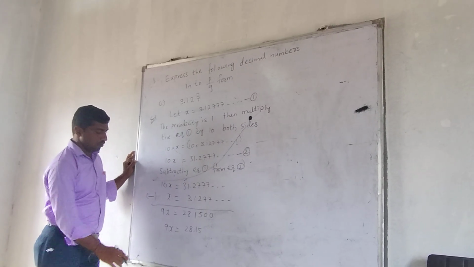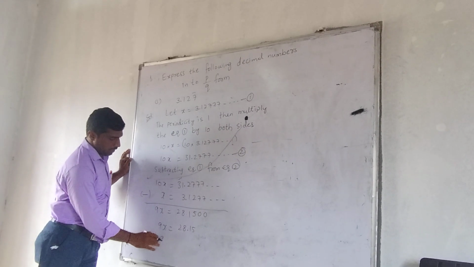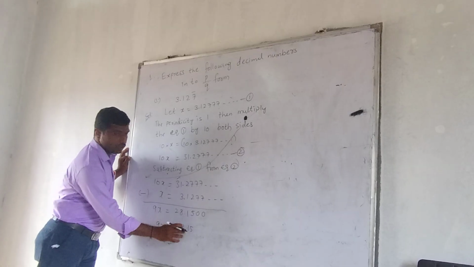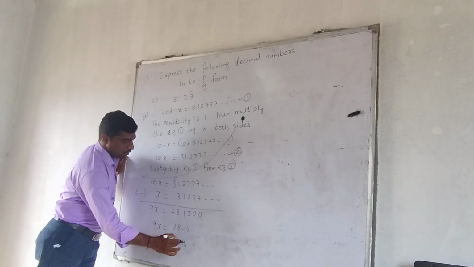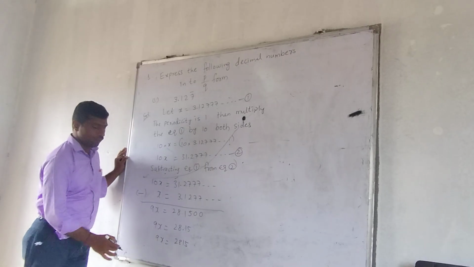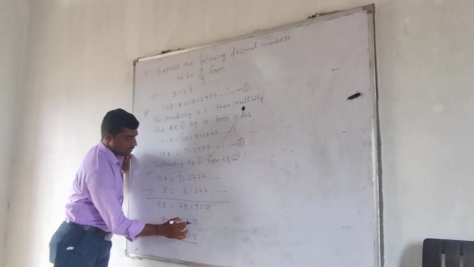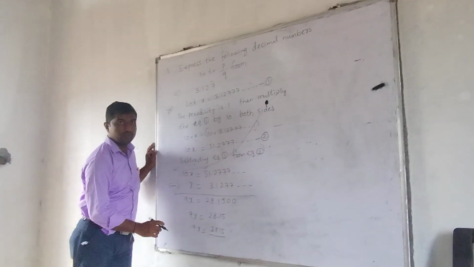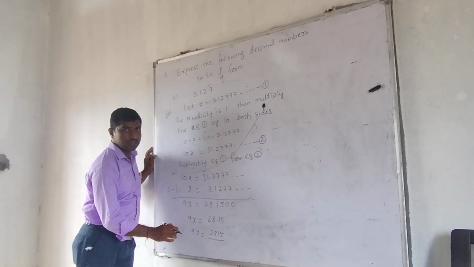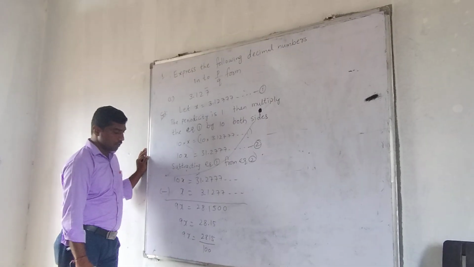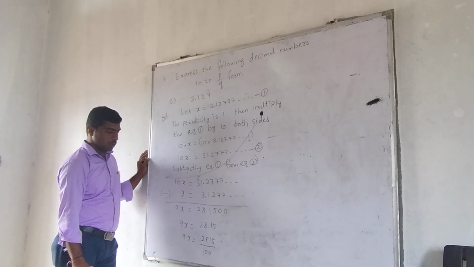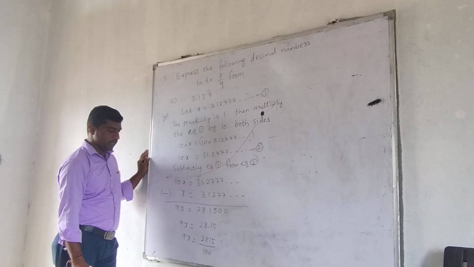Now 9x equals, if we remove the decimal point, 2815 by 100, since there are 2 digits after the decimal point. Therefore we take 2 zeros, 100. 9x equals 2815 by 100.